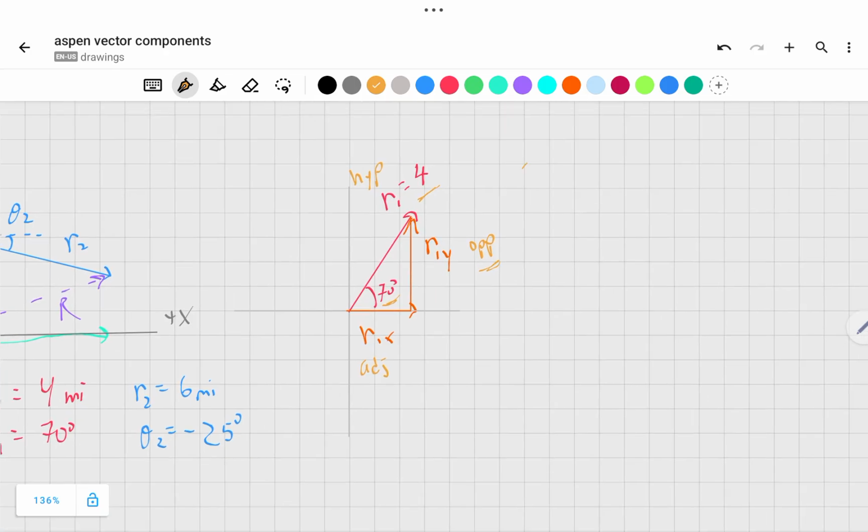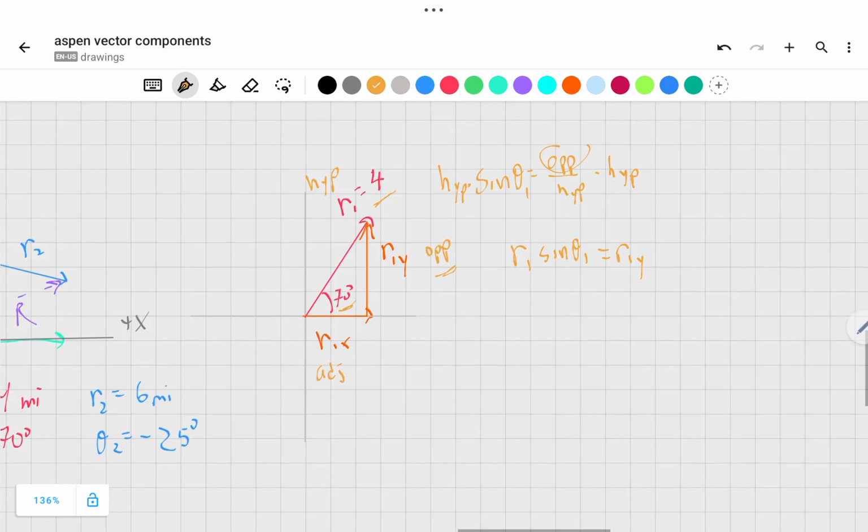So sine of theta 1 equals opposite over hypotenuse. I'm just going to solve for the opposite side, so I multiply everything by the hypotenuse. That gives me R1 times the sine of the angle equals R1 in the y direction. And I can plug in the numbers and find out what that is.